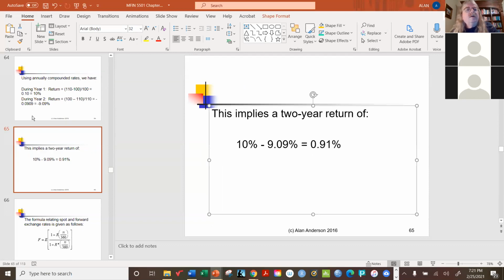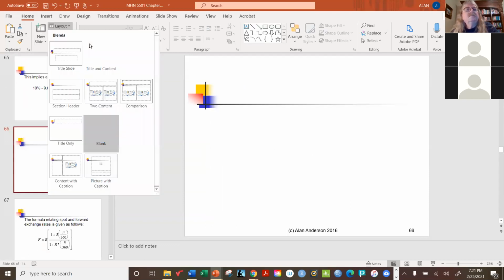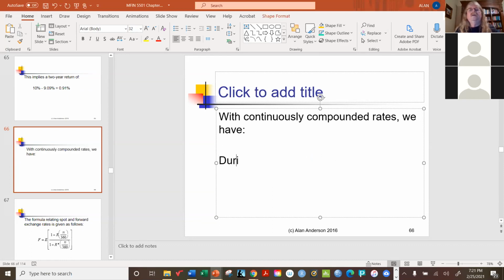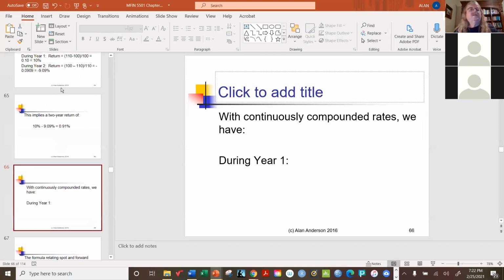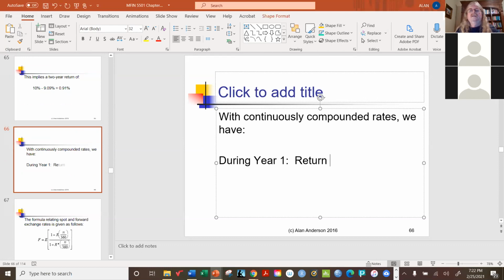But with continuously compounded rates, during year one, we have a return of the natural log of 110 over 100, which is 0.0953.